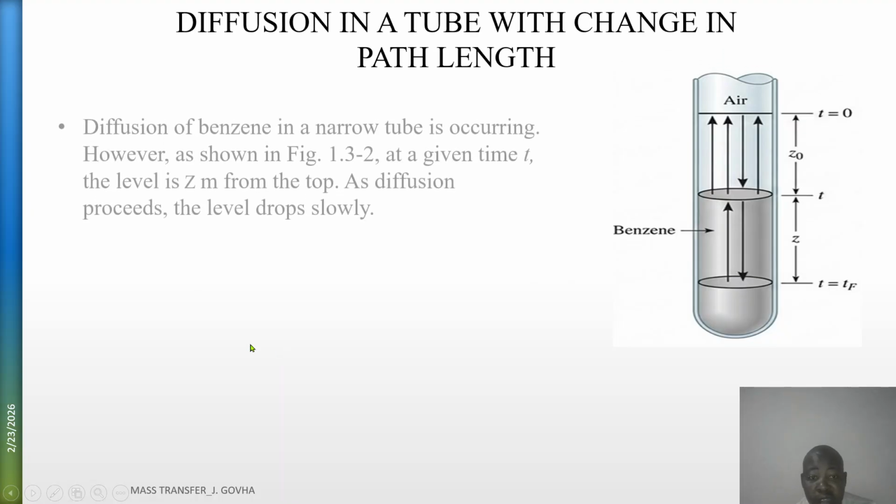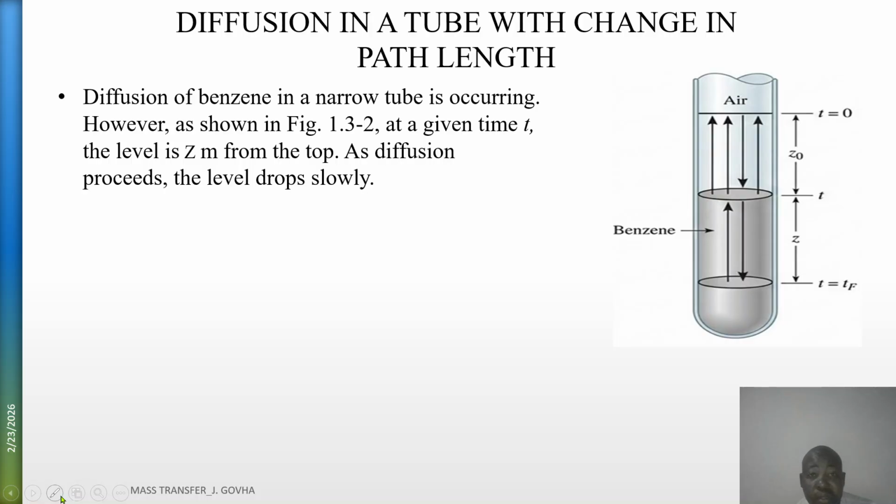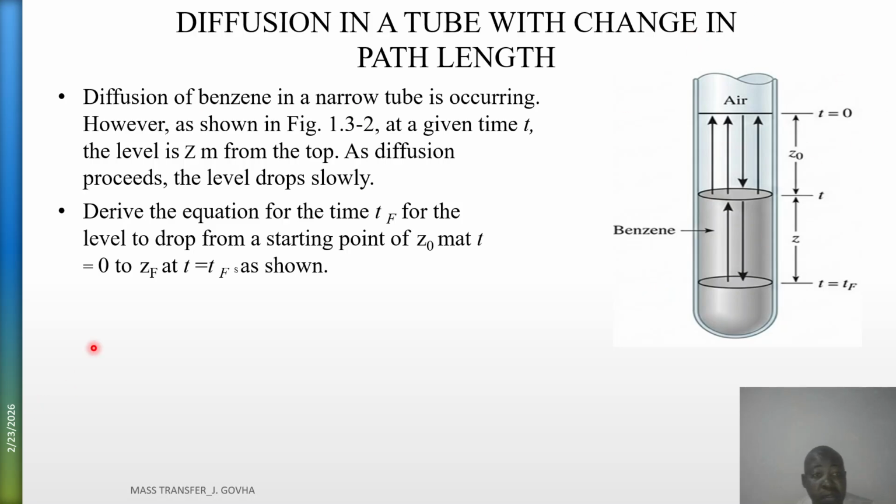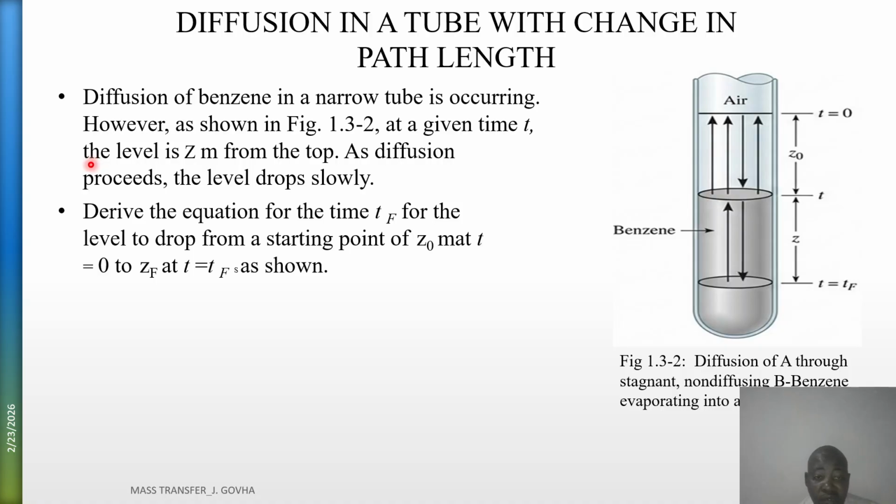So as indicated there, let's look at an example. This is diffusion of benzene in a narrow tube, happening at a given time t, where the level z is zm from the top.